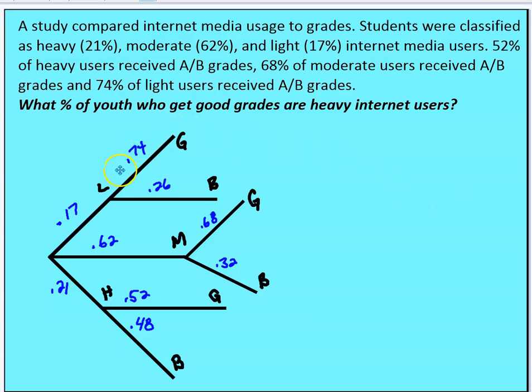So you want to, again, multiply these totals together, add them up, and then take the heavy users, in this area, who get good grades, over the total percent of students who get good grades. So given that a student gets good grades, what is the probability that they are a heavy internet user?